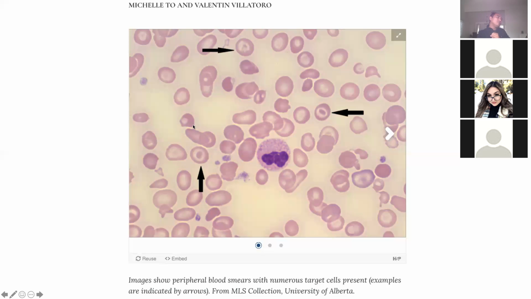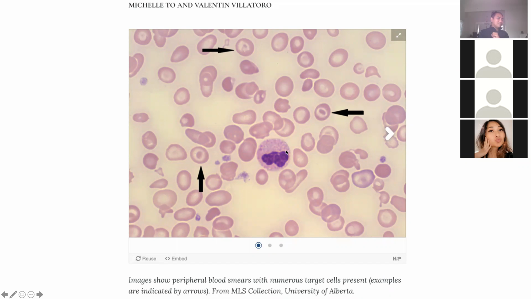So we only see one WBC. We cannot see any more WBC. So this blood picture looks quite normal with the WBC, but the problem is in the RBC. And here, what do you think this cell is?